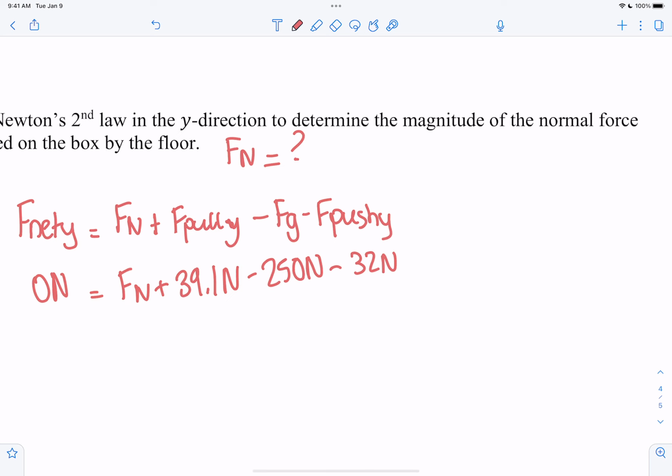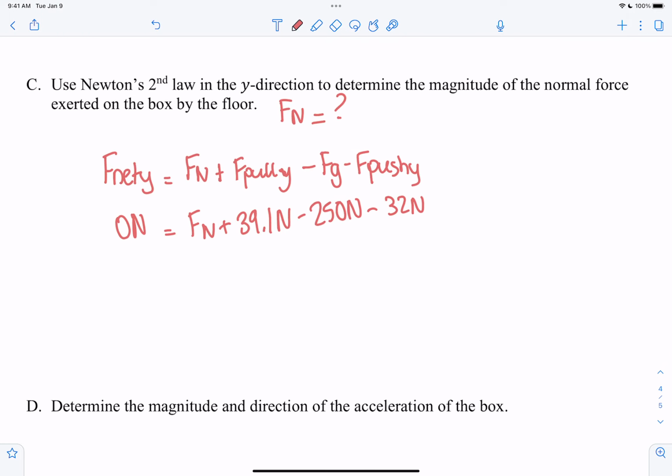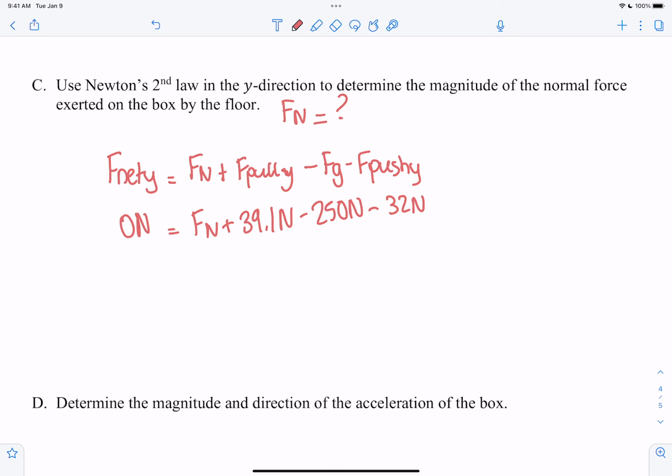Otherwise, if I do negative 32 newtons, it's going to add them up together, and that's not right. So when I integrate those signs into the equation, I put in magnitudes for everything. So there's minus 32 newtons. And then if I do some algebra, I should be able to figure out what my Fn should be, and I believe this should be around 242.9 newtons.